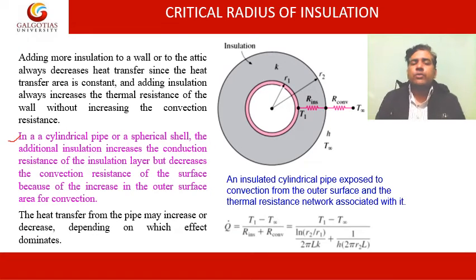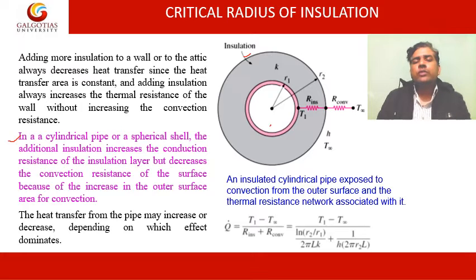So we have to see how much insulation we should add, if our purpose is to find out how much insulation we should add. Let us say this is a cylindrical body on which insulation is added.